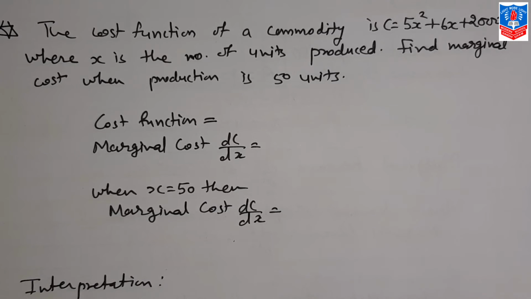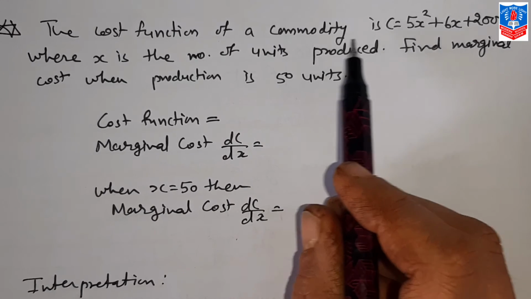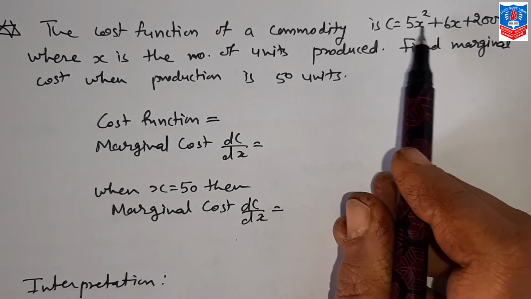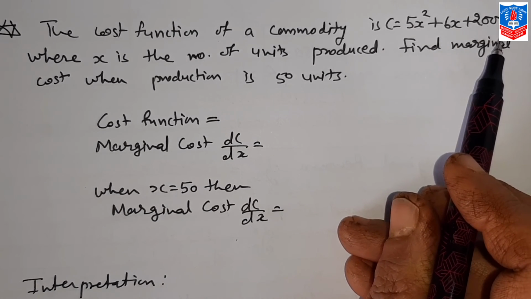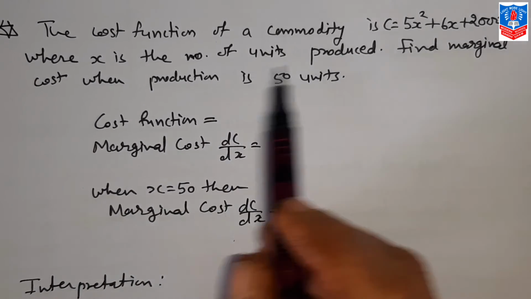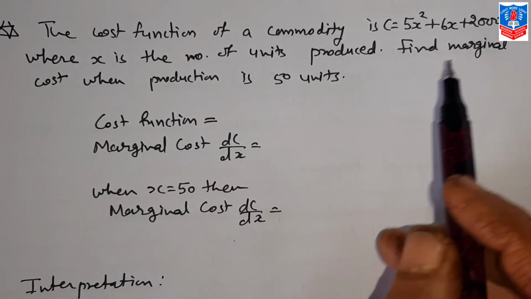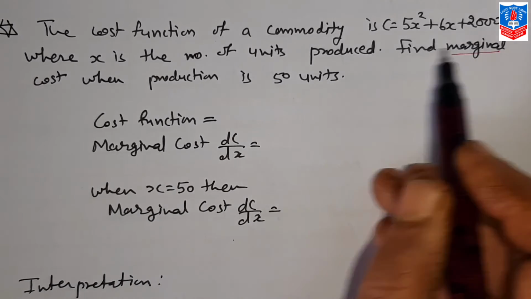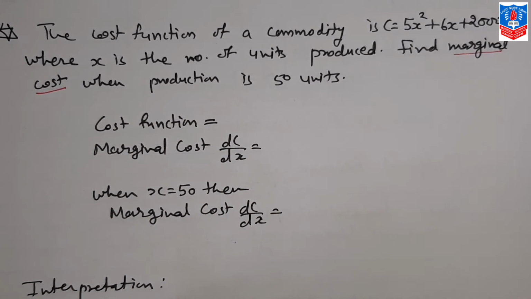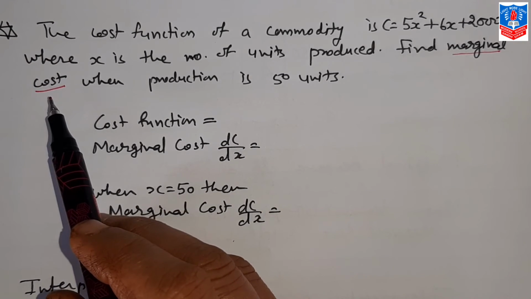Next and last type of sum of today's session. The question is: the cost function of a commodity is C is equal to 5x square plus 6x plus 2000, where x is the number of units produced. Find the marginal cost when production is 50 units. Here you can see the two sums we did previously were connected with marginal revenue, while this sum is connected with marginal cost.